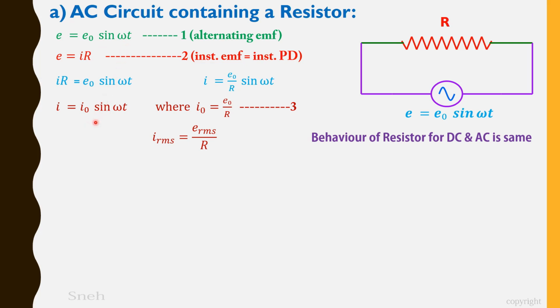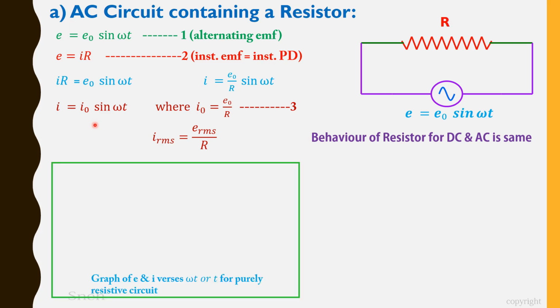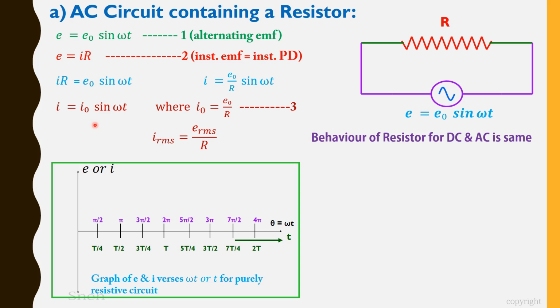I will represent the waveform for these sine functions, and here I get a graph of E and I versus omega t for a purely resistive circuit. First of all, I'll draw EMF. This EMF is represented by E is equal to E0 sine omega t.